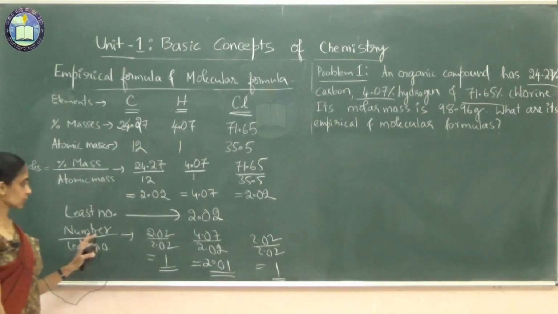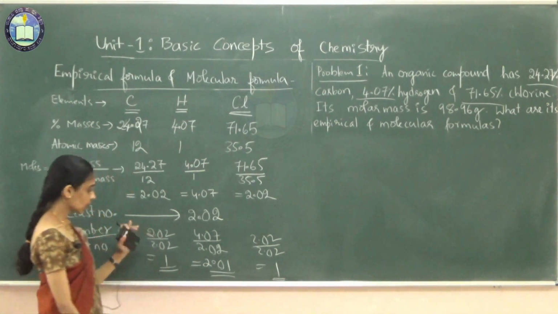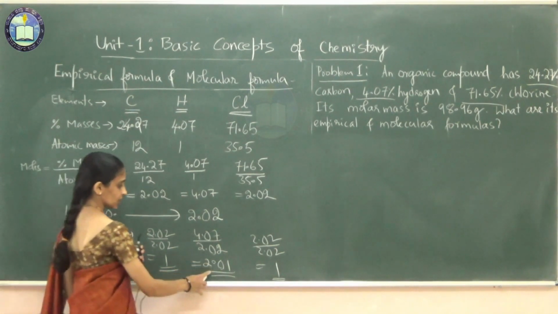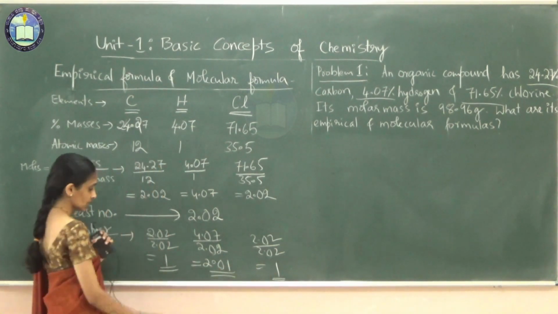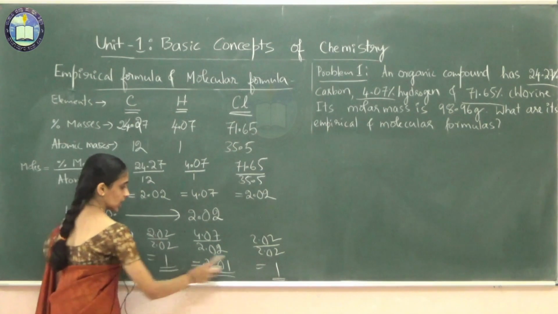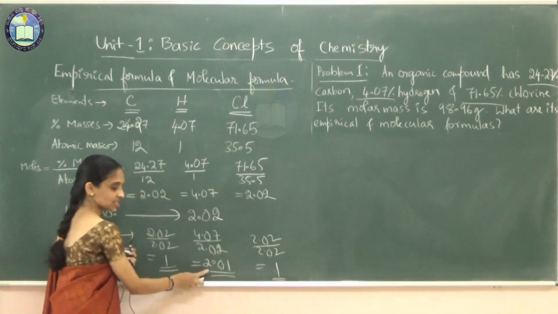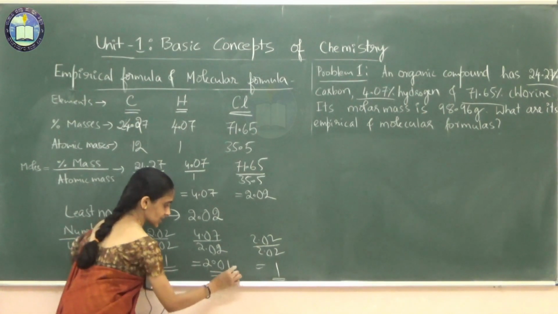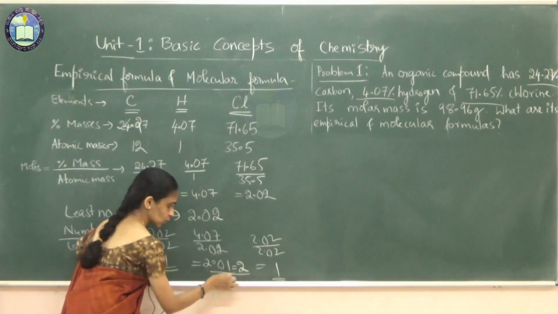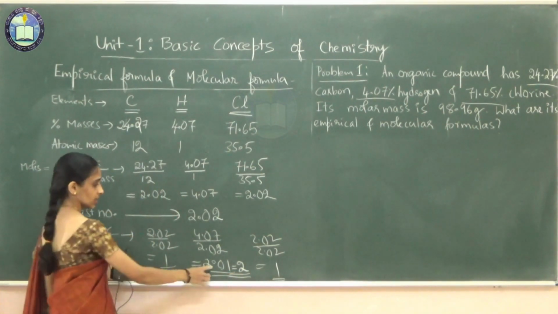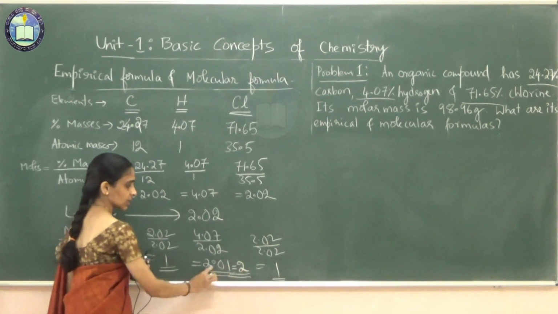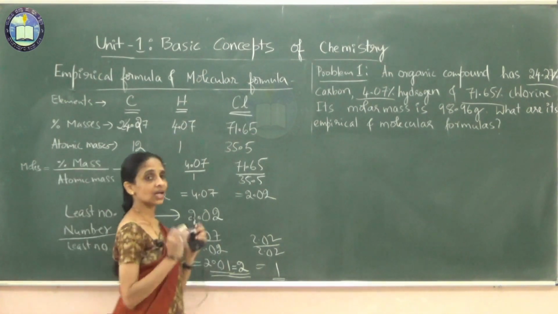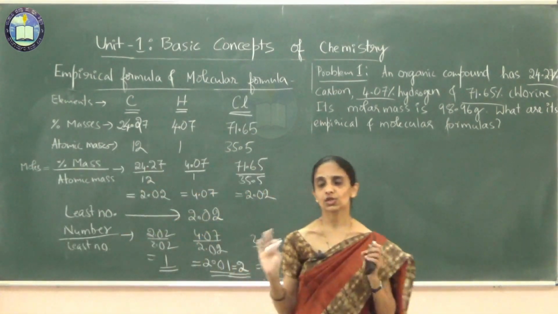Okay, so we have with us now one more set of numbers. Which are they? 1, 2.01 and 1. These two are integers, whereas this is not. You round it off to the nearest integer, which is 2. Round it off to an integer. So if you do this, then half of your problem is solved.